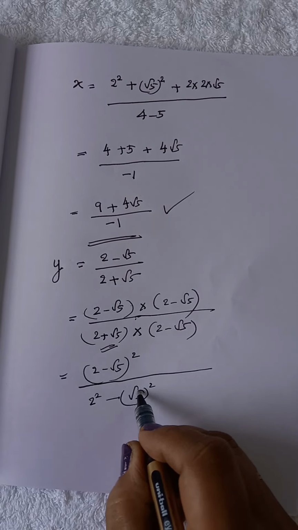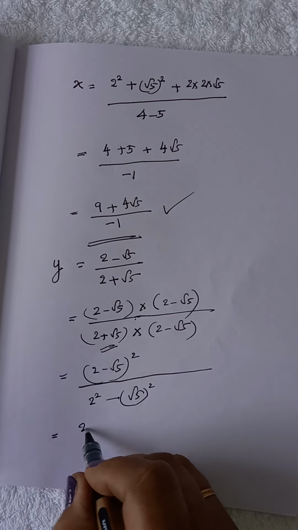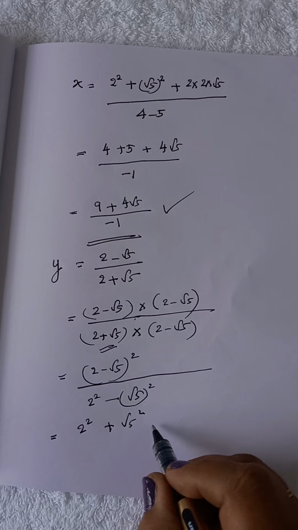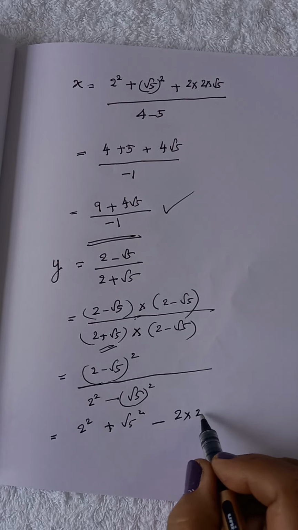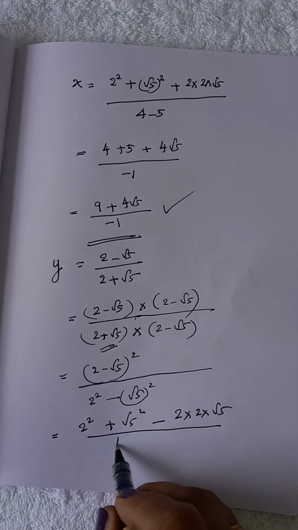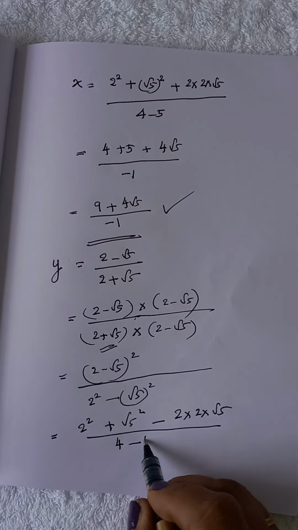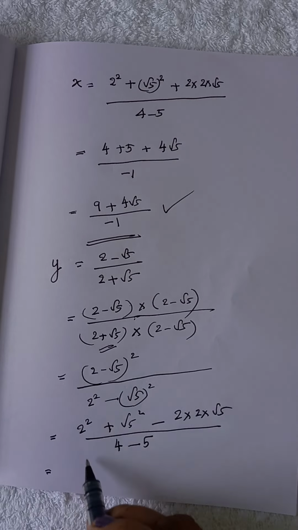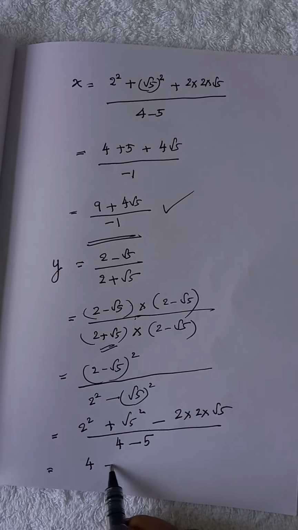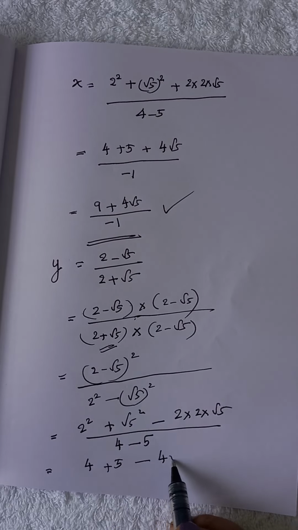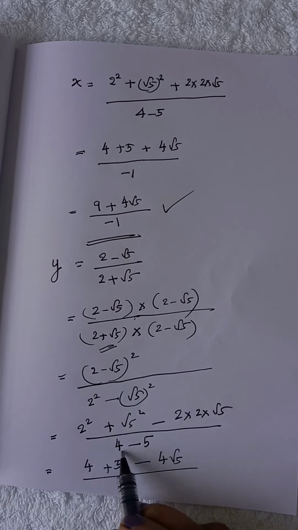That is equal to 2 square plus root 5 square minus 2 into root 5 divided by 2 square, that is 4, minus root 5 square, that is 5. That is equal to 2 square is 4, root 5 square is 5, minus 2 into 2, 4, root 5 divided by 4 minus 5, that is minus 1.